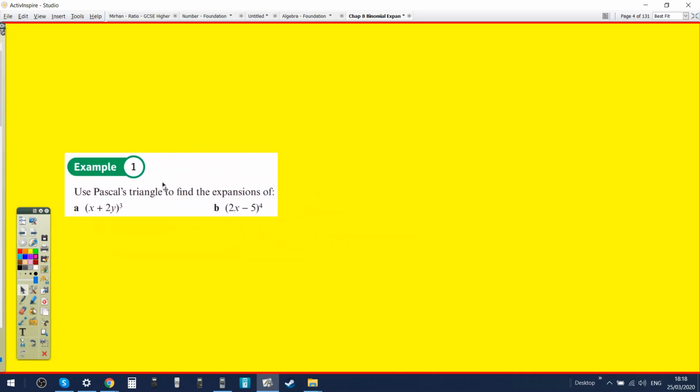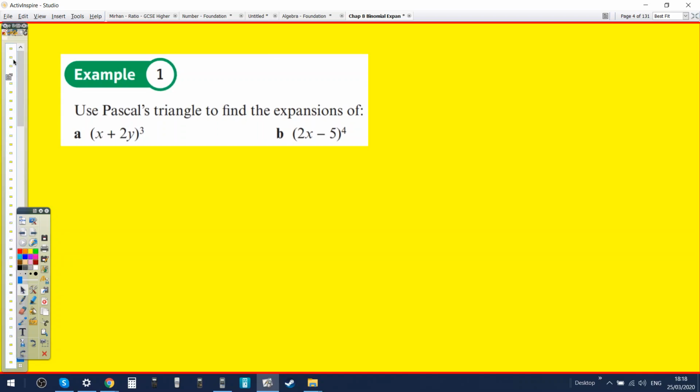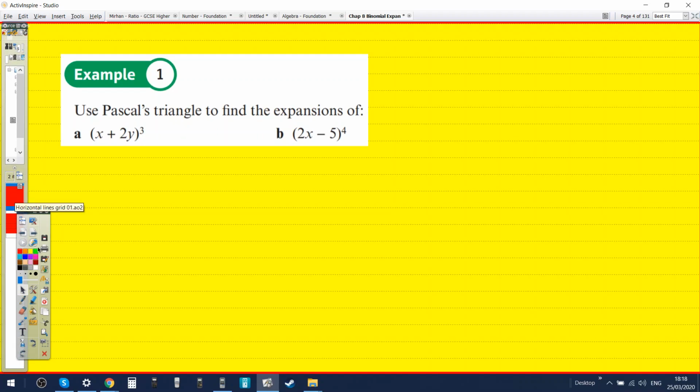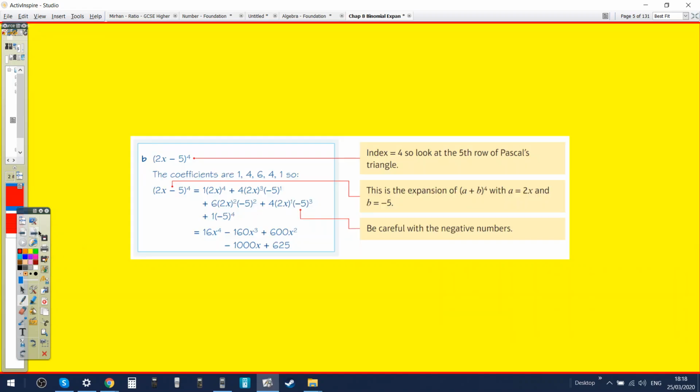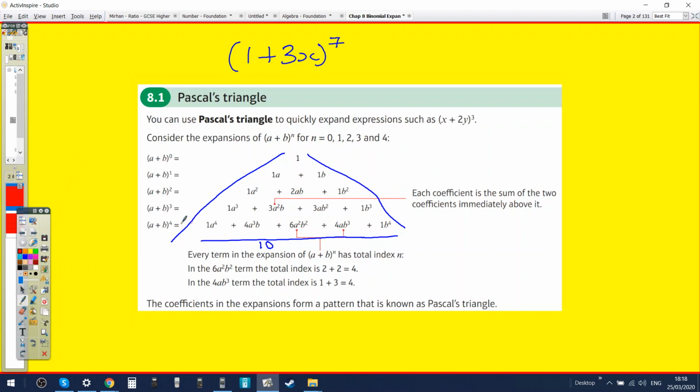So, I promised we would have a quick way of expanding brackets using Pascal's triangle. Let's see, Pascal's triangle. This one here, let's say. So that's to the power of 4, and that's 0, 1, 2.